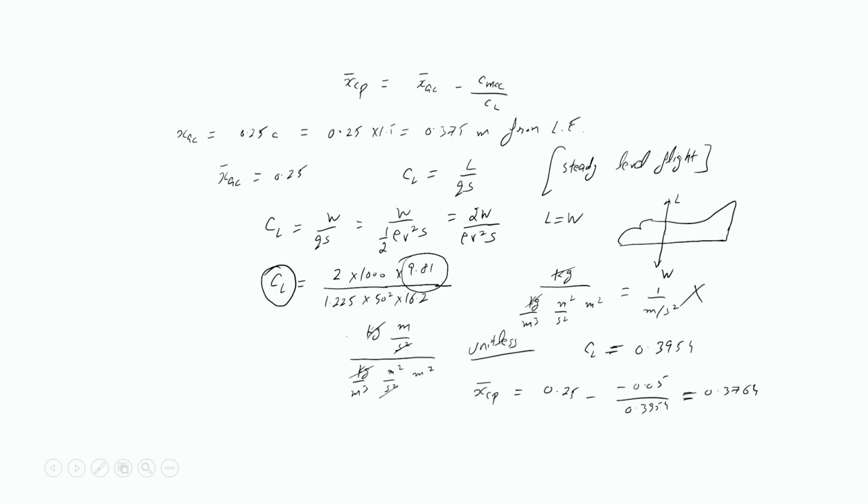Now if you want to obtain it in terms of exact dimension, XCP bar is XCP by C, so XCP equals XCP bar into C, which equals 0.3764 into 1.5, so 0.5646, approximately 0.5 meters.